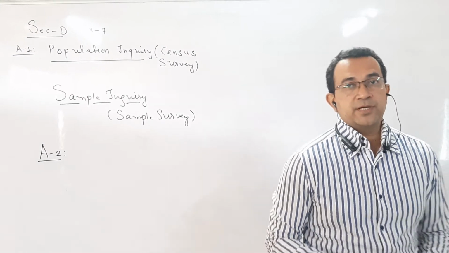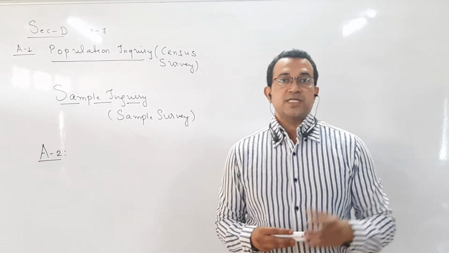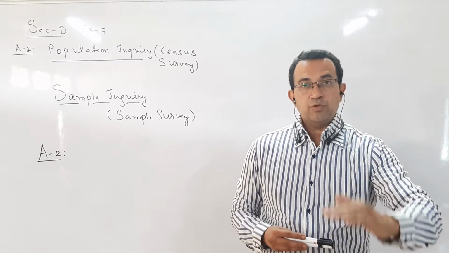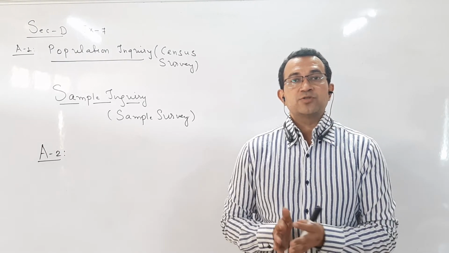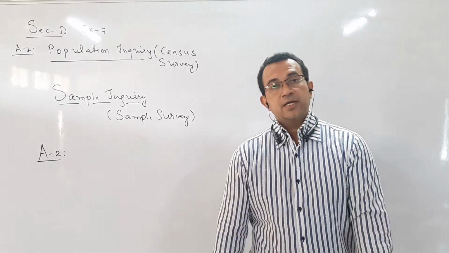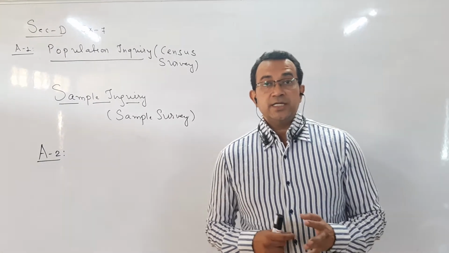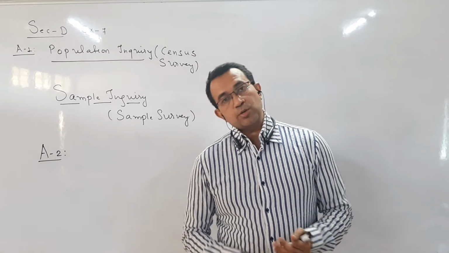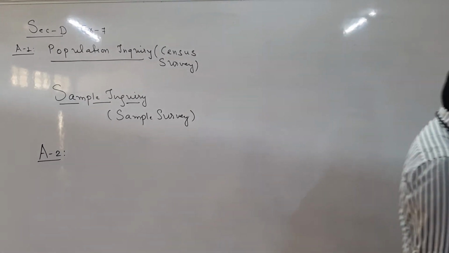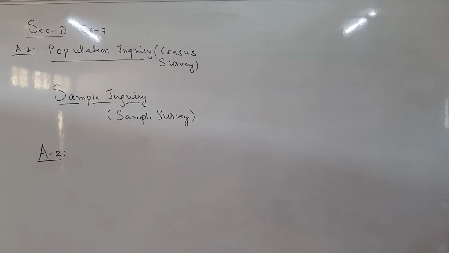And based on sample data, sample statistics such as mean, median, mode, and standard deviation can also be easily calculated. Calculation of population parameters is a very difficult, tedious, and time-consuming job, students. This is how we have to understand the advantages of sampling.